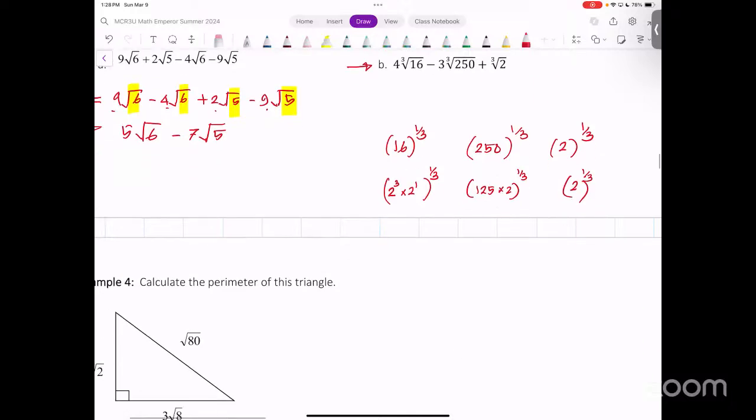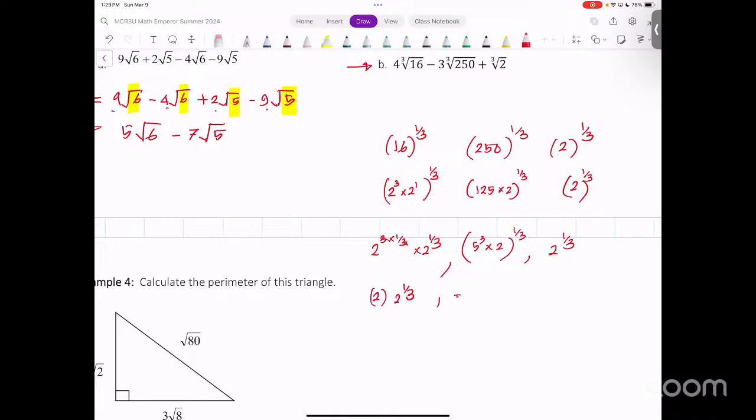Okay. Now, you know exponent rules from grade 9. Let's distribute the 1/3. This is 125, I can rewrite as 5 cubed. This is 2 times 2 to the power of 1/3.